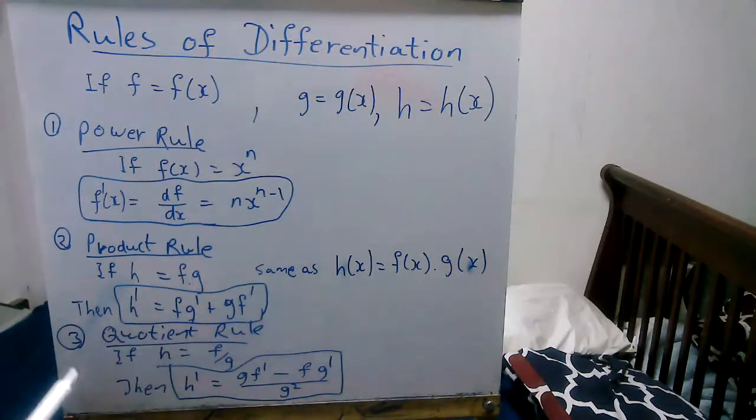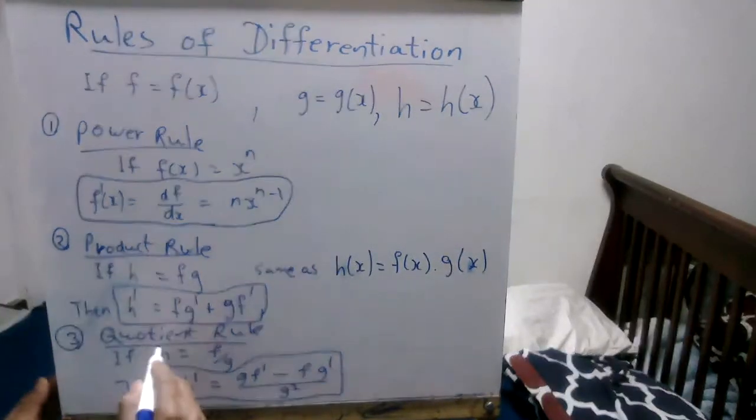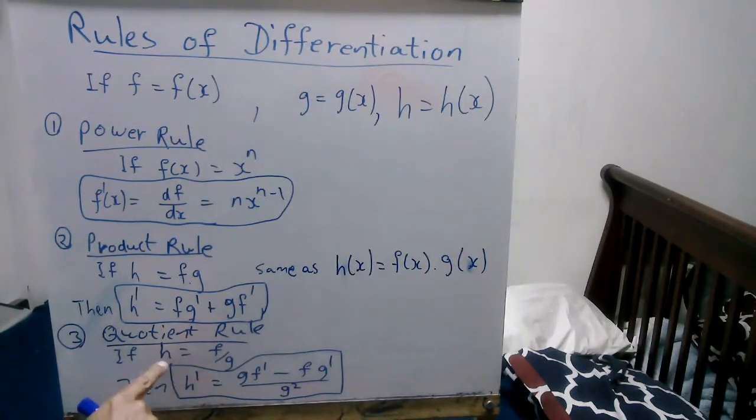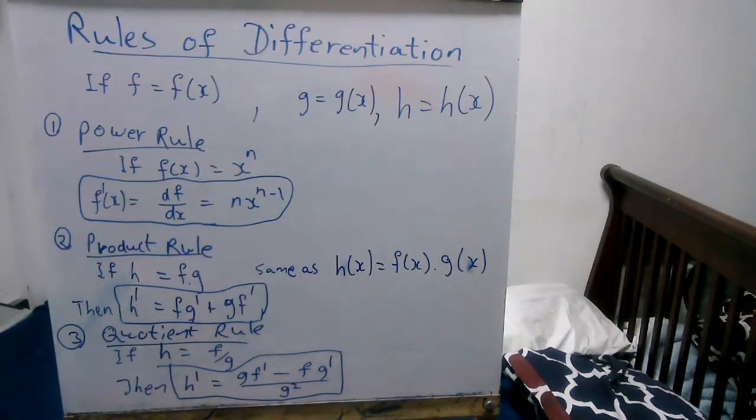The quotient rule says, if h equals f divided by g, this is not n, this is g, equal to f over g, then h prime, the derivative of h, we can write as g f prime minus f g prime, divided by g squared. Right? Applying this on examples is a little bit tricky. Let me tell you why.